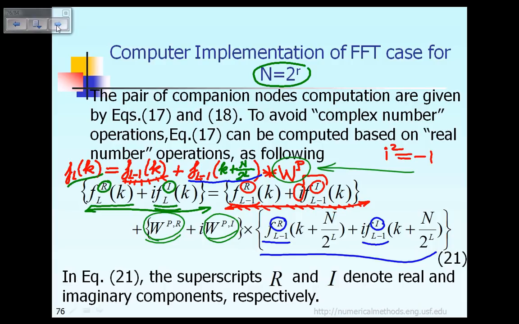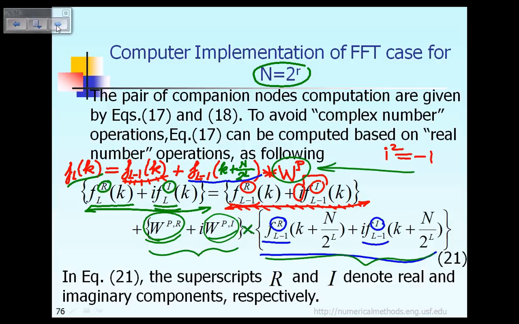So after we have that, the next step is we just multiply everything out. For example, when you have this term multiplied with another complex number which is in here, when you multiply two complex numbers, obviously you will have four terms coming out.